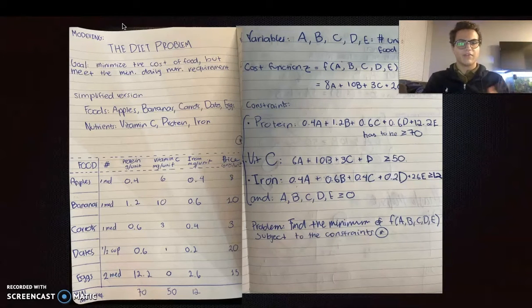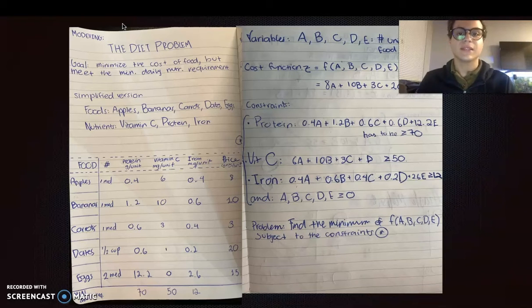Following up, I've scanned what I worked on in my notebook for the diet problem, but the table that you see in the corner is the data that I received from Penn State University. This is the data that we're going to be working with. With this table we have two dimensions, but the minimum daily requirement is what makes it a third-dimensional problem, and I'll explain it at the end.